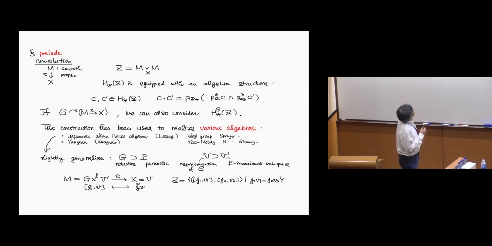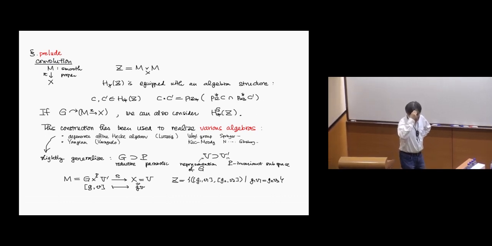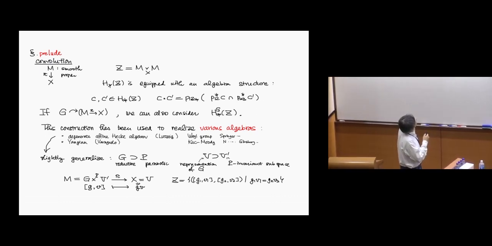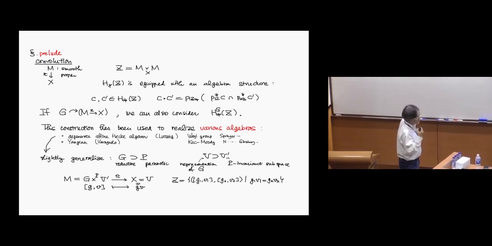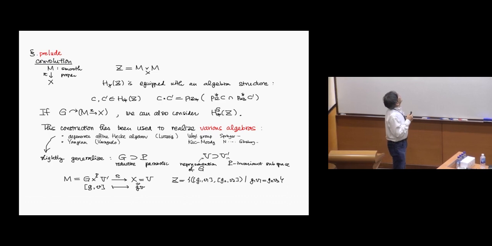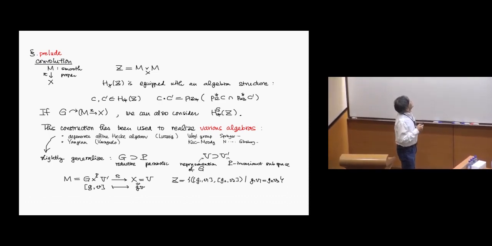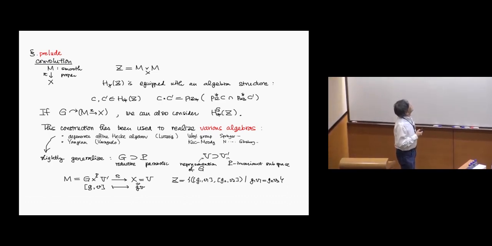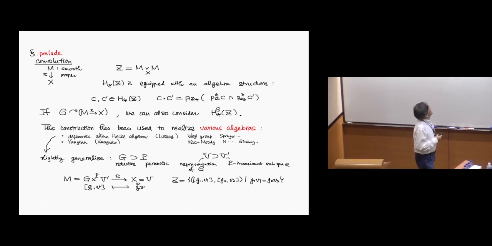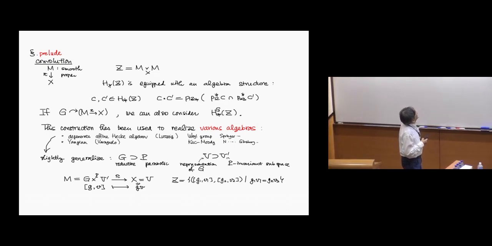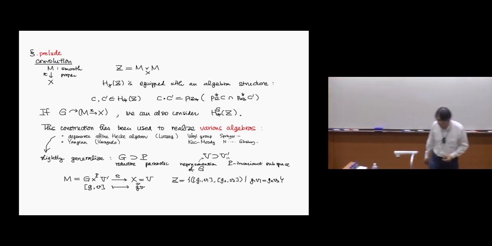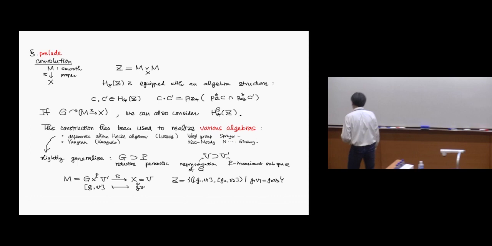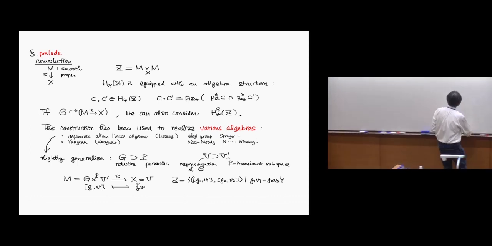M is a smooth variety. I only consider varieties over C, complex numbers. M is a smooth variety, and you have a proper morphism to X. X could be singular. Then you consider the fiber product Z of M cross M over X. Then H star of Z has a convolution product. So the definition is very much the same as in the case of functions.